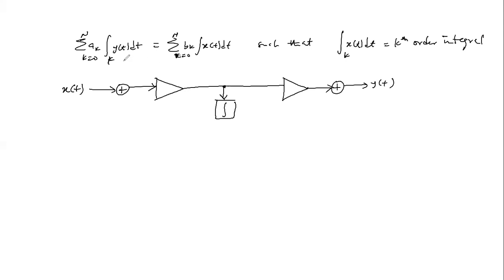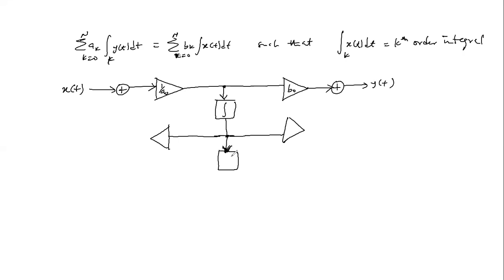So this is a sub k. So we have 1 over a naught here, and then we have b naught, the coefficients, right? b sub k, a sub k. Then here we have these. So they are connected. So this comes into this. Then it goes into another integrator here.